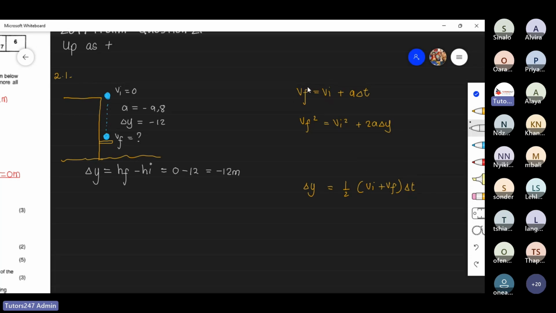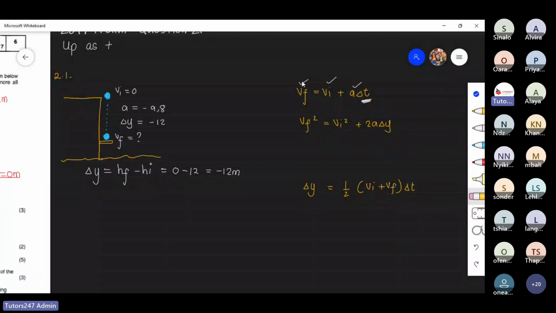So let's start with formula number 1. We need to calculate Vf. That is good. We have Vi. That is good. We have A, but we do not have time. If you look at the variables that we have, these are the variables that are known. We do not have time. So any formula that has time in it, we can eliminate.